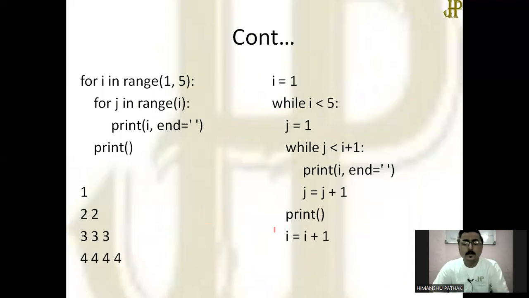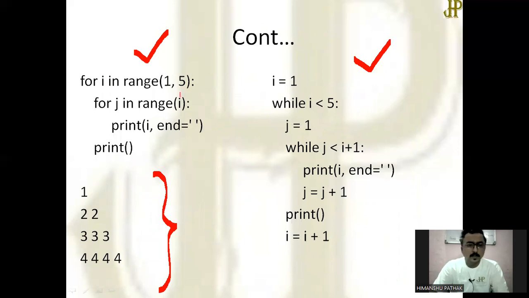So here I have taken an example to print a pyramid: 1, 2 2, 3 3 3, 4 4 4 4, and I used both the for and the while versions of the program. Here you can see there is a nested loop, this for is the outer loop and this for is the inner. So what am I going to do? i in range 1 to 5.